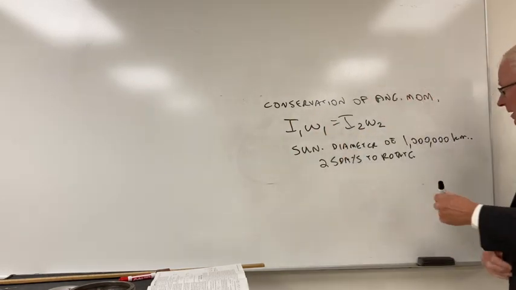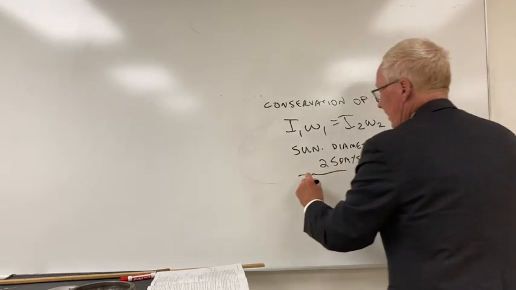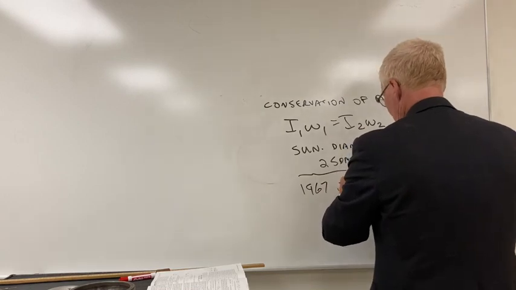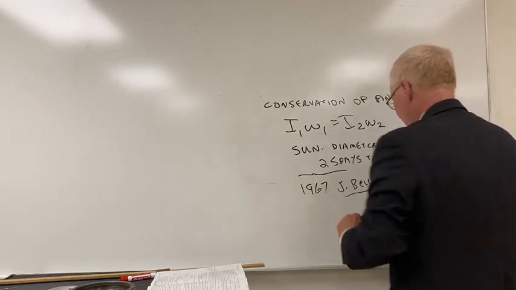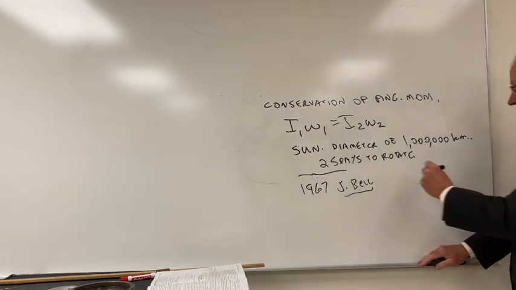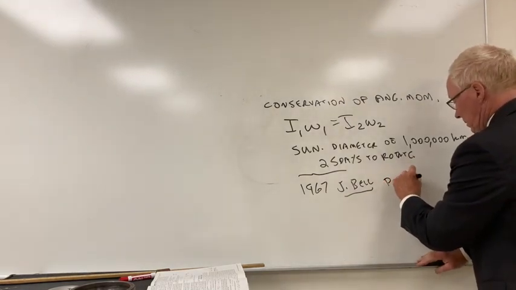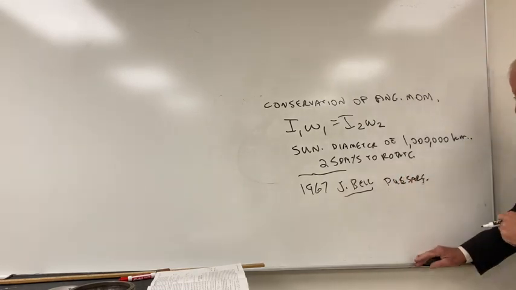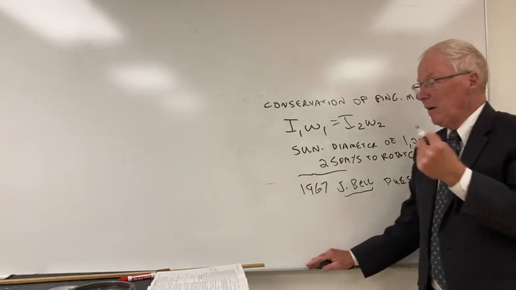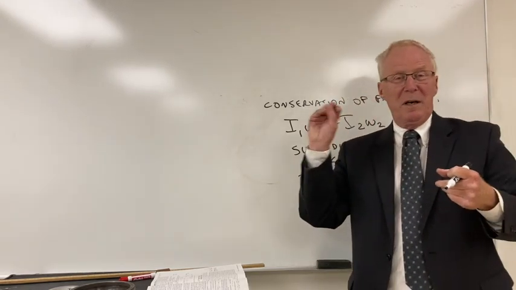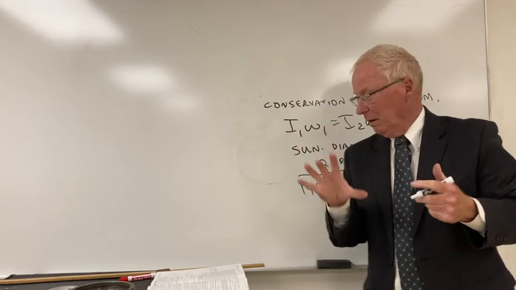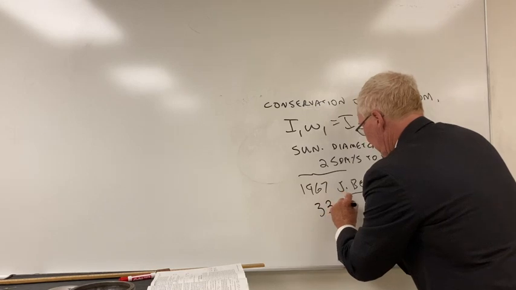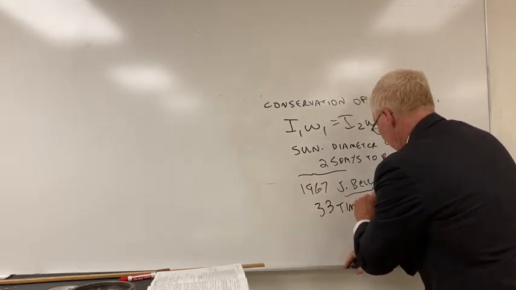All right? Now, in 1967, Jocelyn Bell, who didn't win a Nobel Prize for this, discovered this concept of pulsars. And what she found, by looking at a radio signal put out in space, was that this thing was going on and off 33 times a second.